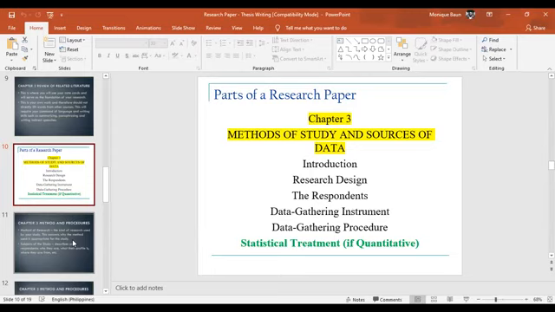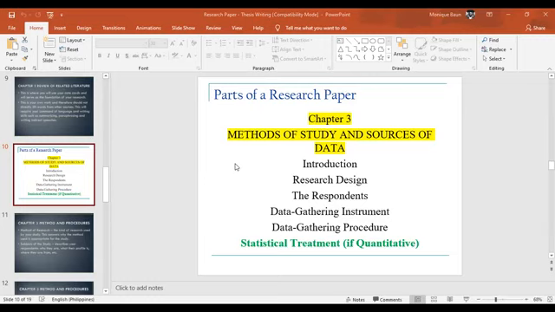The researchers will gather information about the opinions or experiences of their respondents, so it is more of a subjective type. While quantitative talks about numbers. For example, the study is all about the preference of grade 10 students.